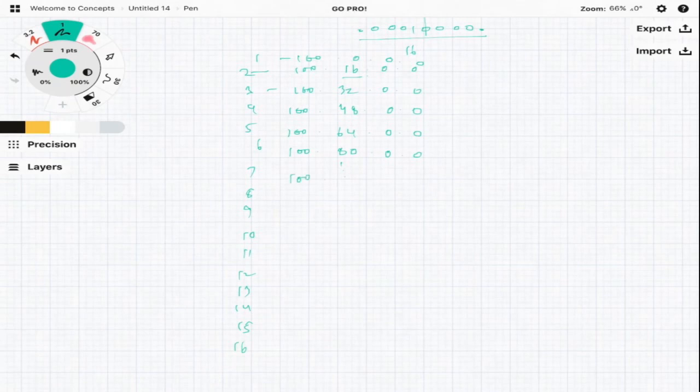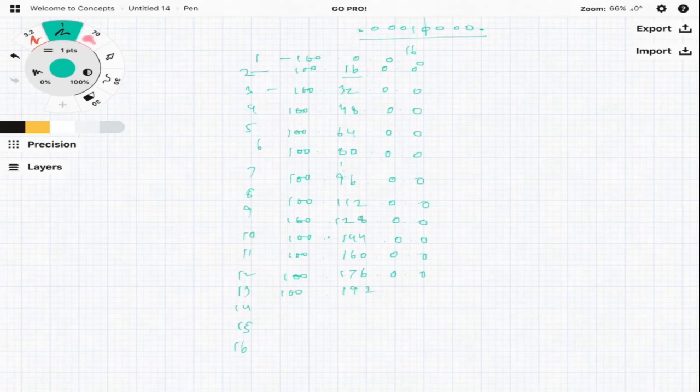The next ones are 100.96.0.0, 100.112.0.0, 100.128.0.0, 100.144.0.0, 100.160.0.0, 100.176.0.0, 100.192.0.0.